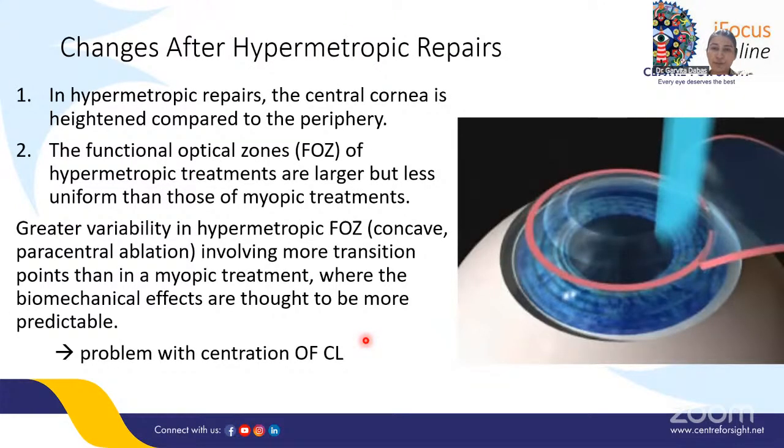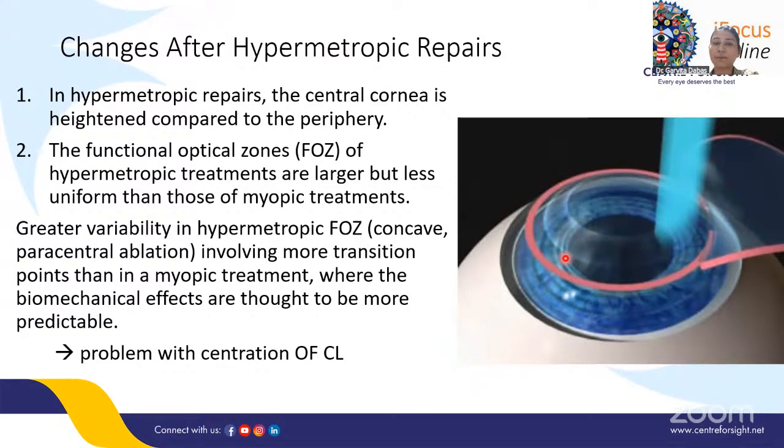Post hypermetropic repairs, the central cornea is made steeper as compared to the periphery. However, in such cases, the functional optical zones are much larger compared to the myopic treatments, but they are also less uniform.